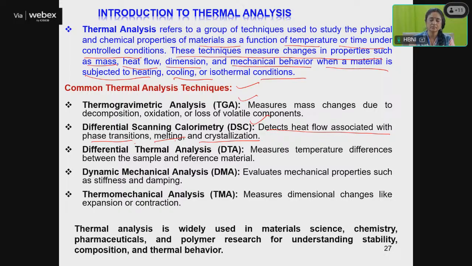So these things can be known. Then DTA, differential thermal analysis, then dynamic mechanical analysis, and thermomechanical analysis. These two are not very widely used. However, the other three are very frequently used in thermal analysis.